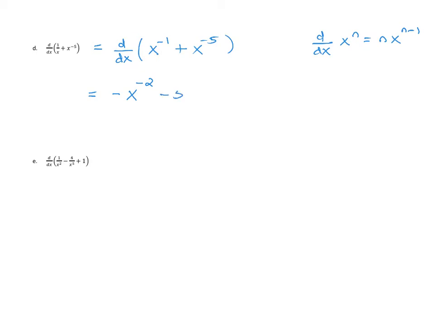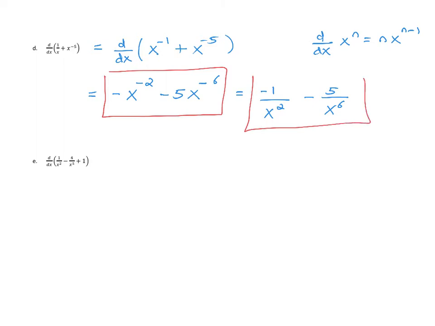Then I get negative 5 times x to the power of negative 6. That is a completely acceptable answer. Of course, you could rewrite this so it was negative 1 over x squared minus 5 over x to the power of 6. Either of these is fine, and that's the answer for this part.